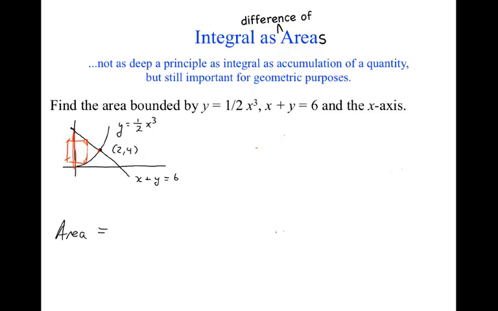When you use the same two curves bounded by the x-axis, what region do you get? Yeah, so we're using the x-axis now, and so the x-axis, this curve, and this line give us this region.